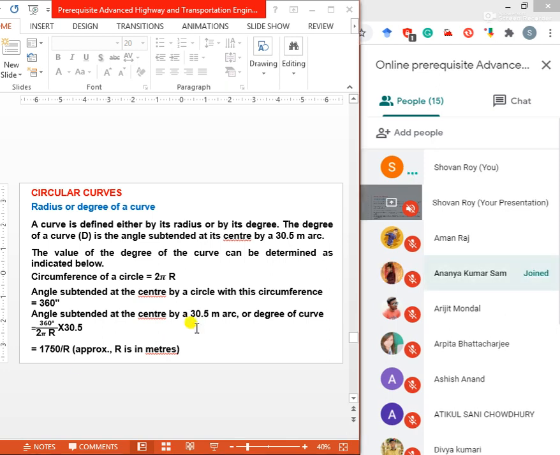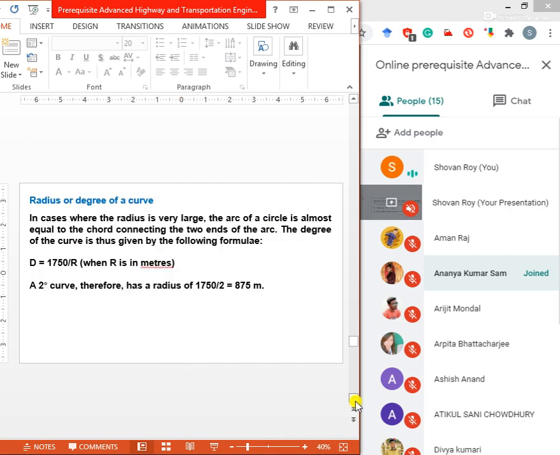Then in case where the radius is very large, the arc of a circle is almost equal to the chord connecting two ends of the arc. What is a chord? We'll see on the next slide. But you can see this notation: in case where the radius is very large, the arc of a circle is almost equal to the chord connecting the two ends of the arc.